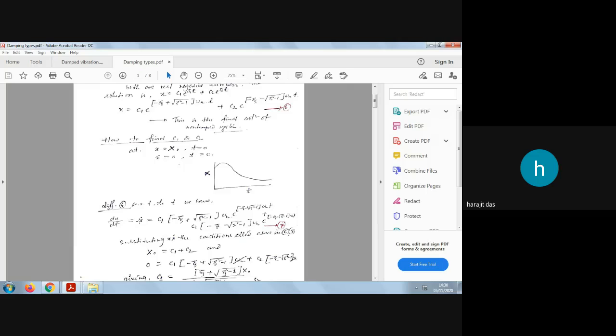We don't need to find the second derivative.